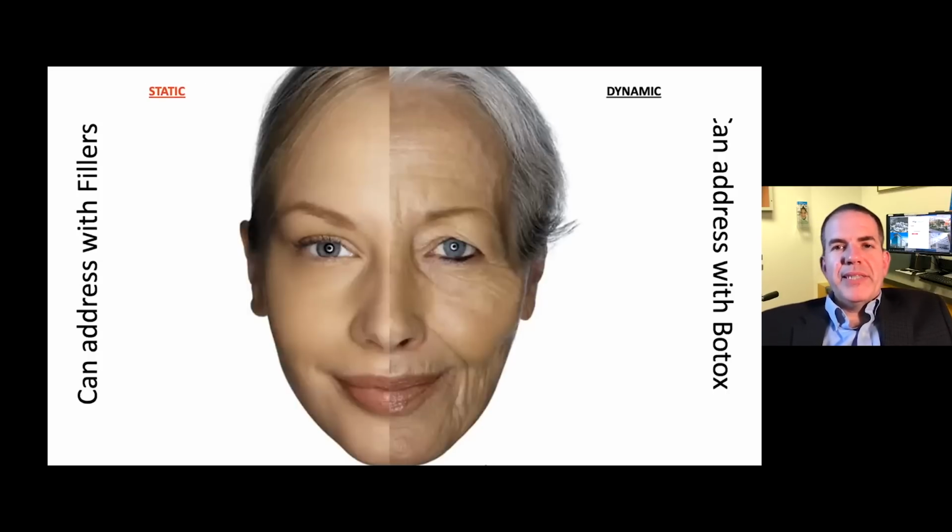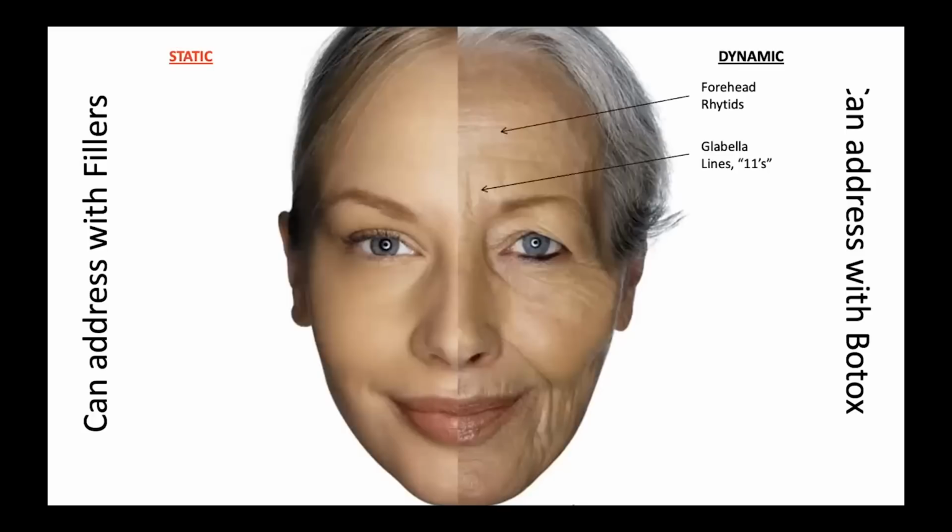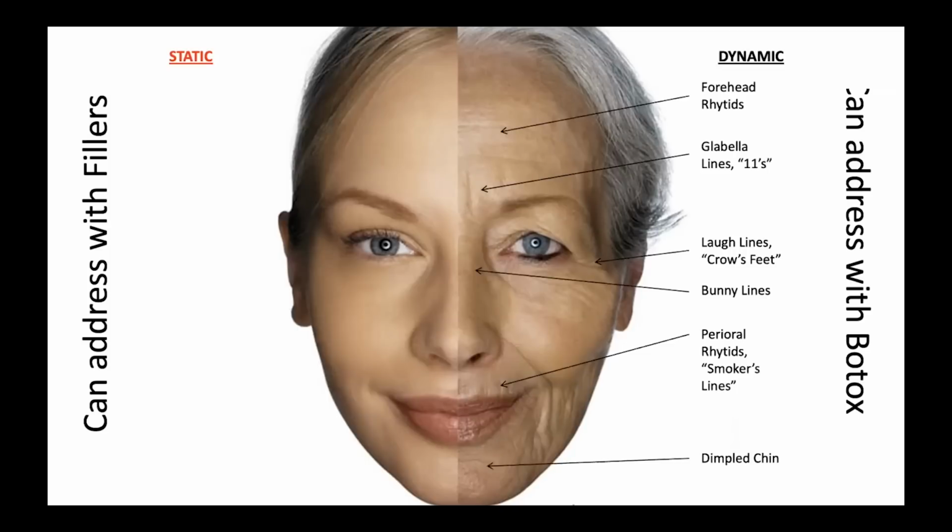So, to sum up fillers and Botox, we can address tons of areas of the face: the forehead lines, the glabella lines, the laugh lines, the bunny lines, the dimpled chin. With Botox, we can fill deep glabella lines with filler.